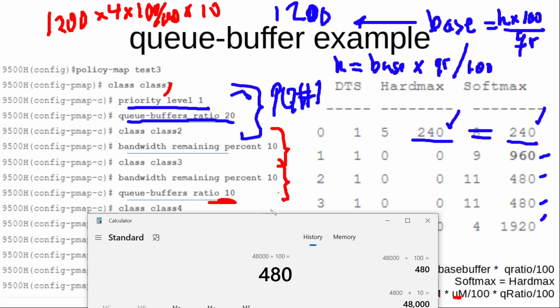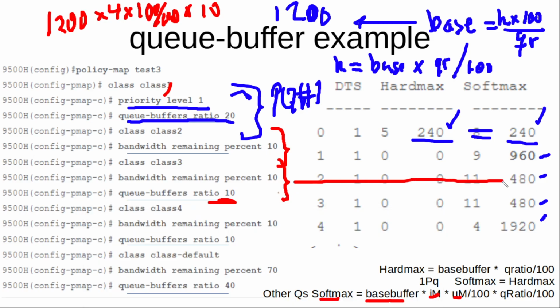And that is why this queue gives us 480.